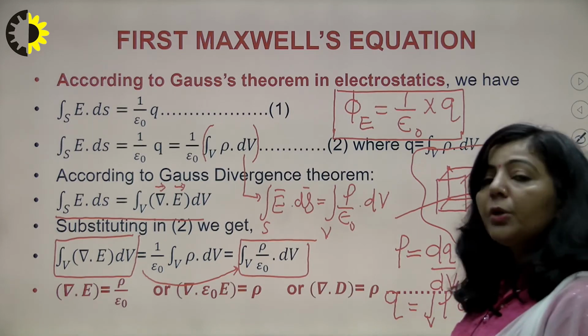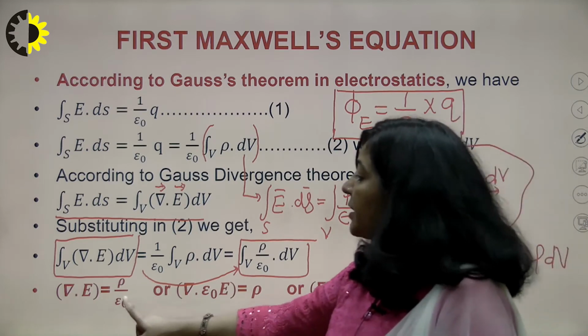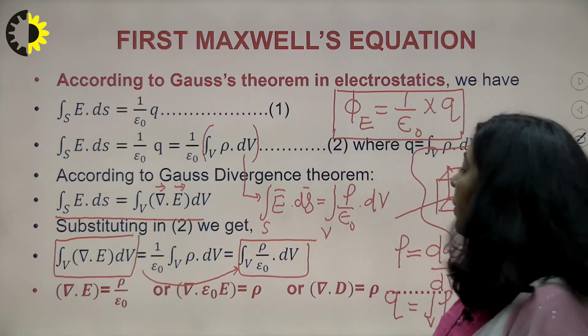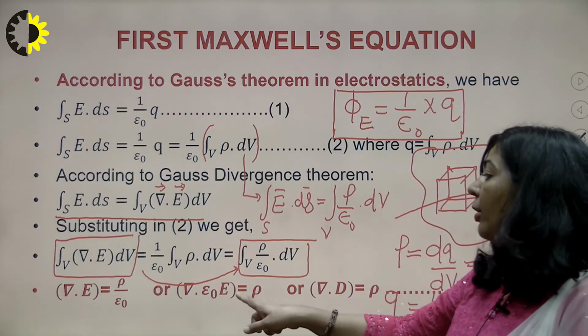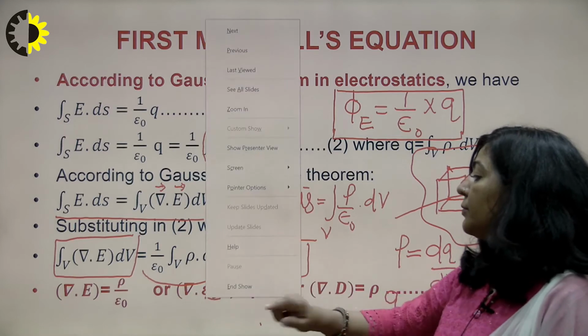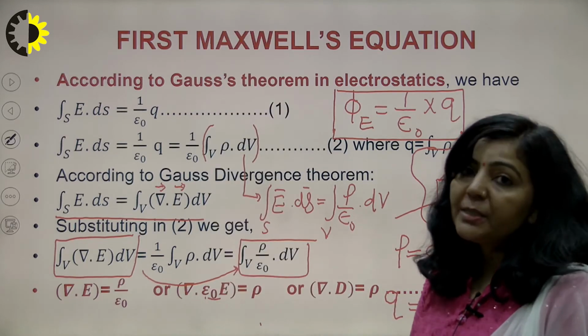And you can also represent this equation as divergence of epsilon naught E, because epsilon naught is constant. You can multiply it with E. So you get divergence of epsilon naught E is equal to rho. And this epsilon naught times E is known as the displacement vector.